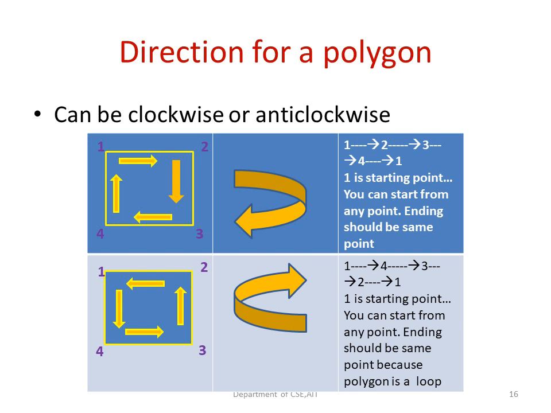This can be considered in the clockwise direction from 1 to 2, 2 to 3, 3 to 4 and 4 to 1, or it can be considered in the anti-clockwise direction. The first row is about the clockwise direction, the second row is about the anti-clockwise direction. You can consider a polygon in either direction. Both of them are the same.